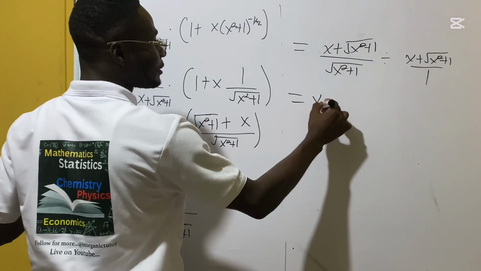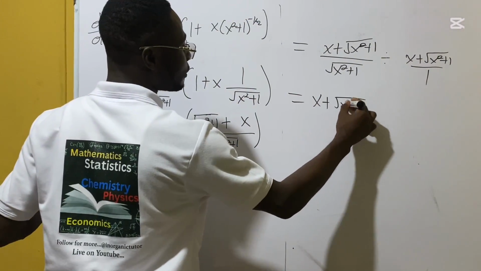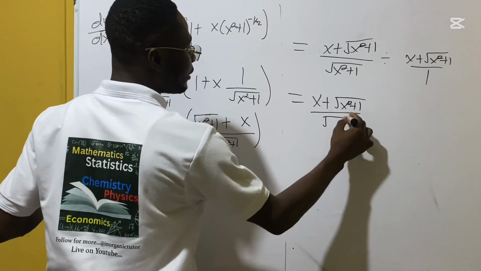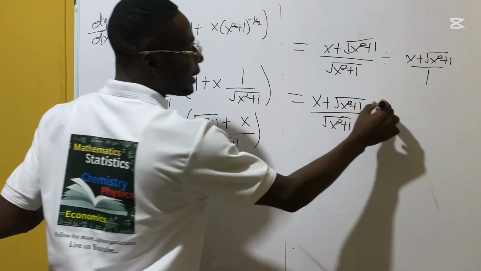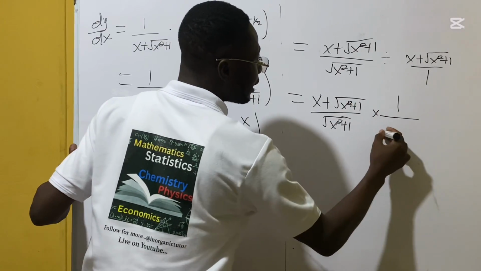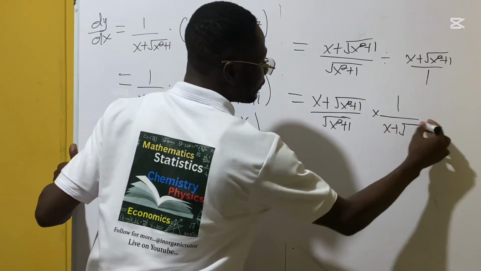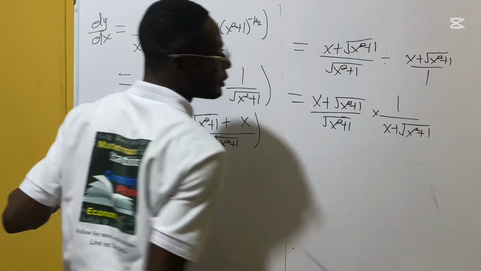So we're going to have x plus square root of x squared plus 1 all over square root of x squared plus 1, times 1 over x plus square root of x squared plus 1, right?